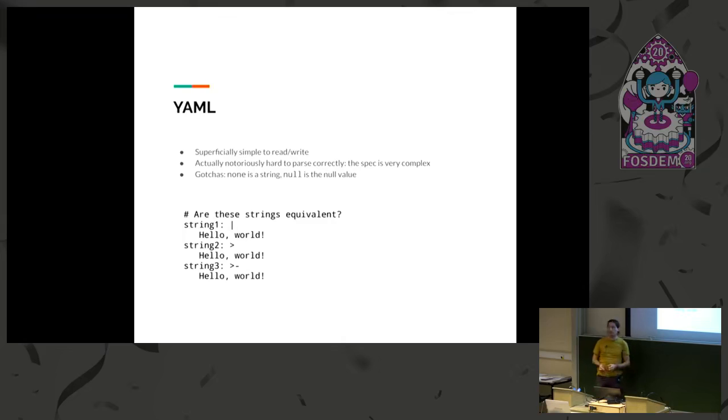And yes, you have several annoying gotchas. There's no need for quotes for strings. So generally you write strings without quotes until the string you want to write is some magic keyword, such as null, which will not be a string. It's going to be interpreted as a null value. So it's not very nice.